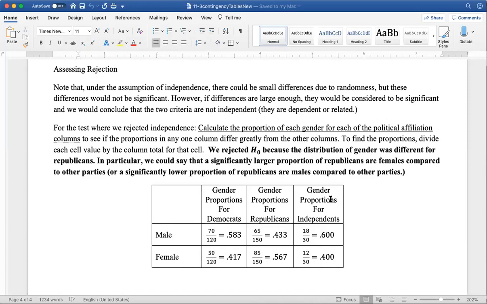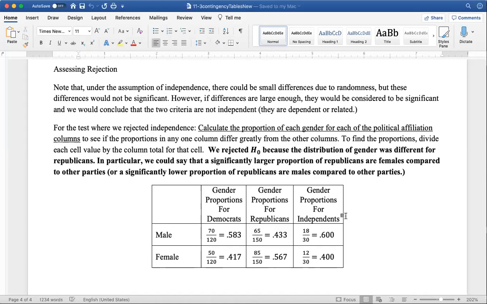And when we looked originally at the proportion of males in each of the political affiliations, we saw that it was about the same across all political affiliations. So what we guessed was going to happen did happen. But in the second one, we looked at those proportions and guessed that we're probably going to say they're dependent because the proportions were not the same. So indeed, that's what happened in the test.